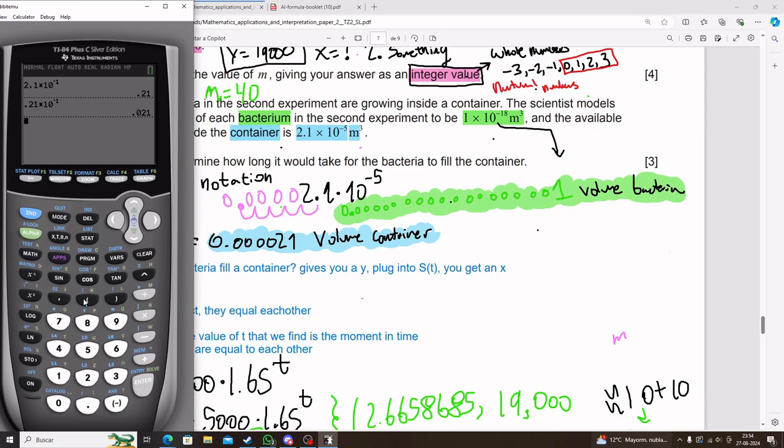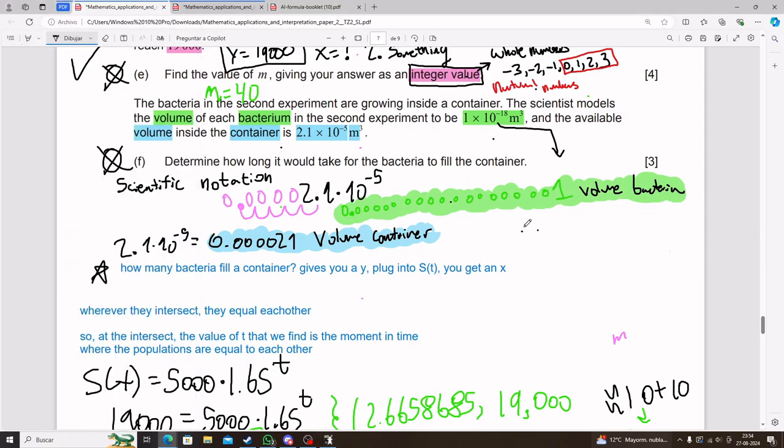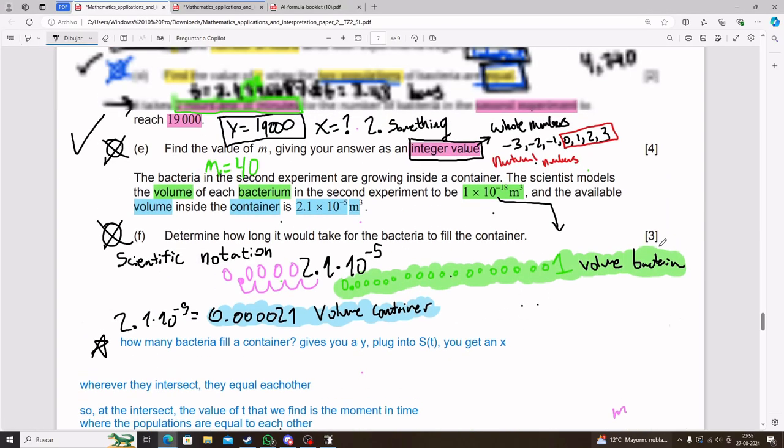For example, this is the volume of the container, 0.000021, divided by the volume of the bacteria, which is 0.000000000000000001. Okay? And there you go, right? Not the most exciting thing in the world. We could have just done this with scientific notation, but I did write all the zeros out so that we all understand what it does.